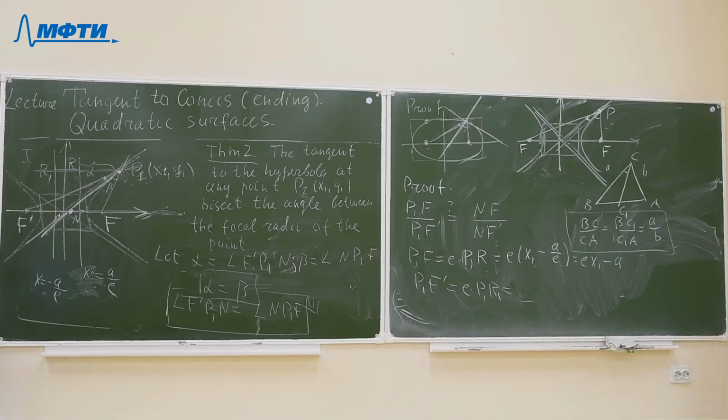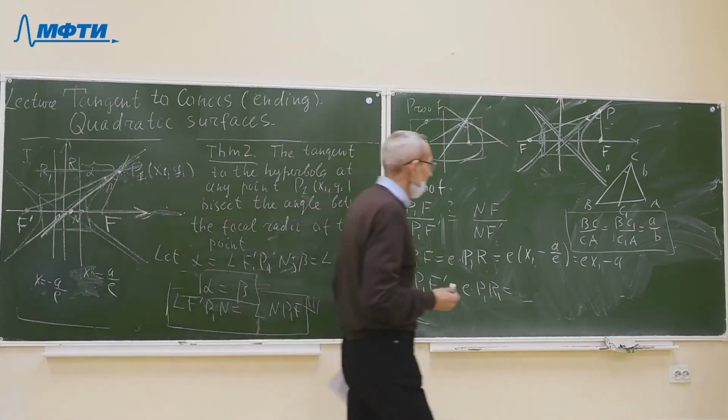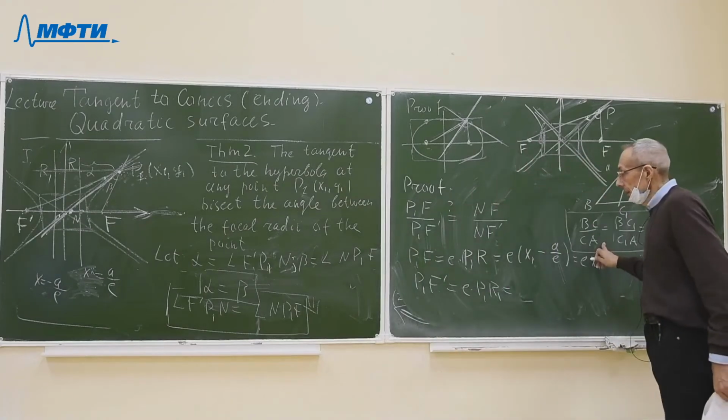Our goal is to prove that this tangent straight line bisects the angle between the focal radii, and we try to use this property.